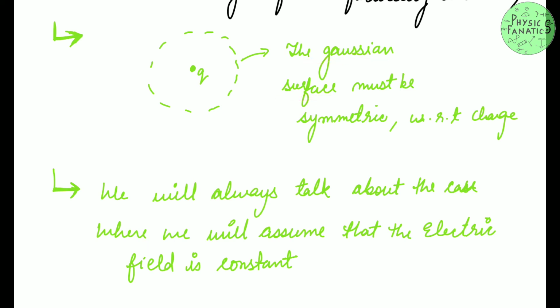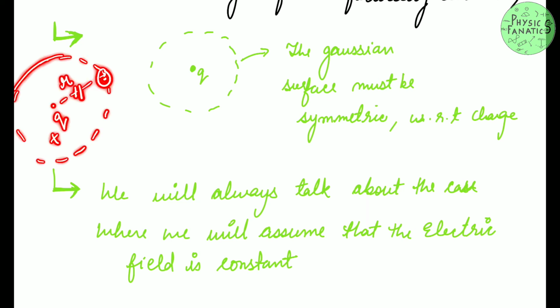For example, if I have a positive Q charge and I'm supposed to find out the electric field or electric flux at some distance r away because of that charge, first I will make a Gaussian surface, a closed surface which encloses my positive charge, and based upon that I can apply Gauss law.